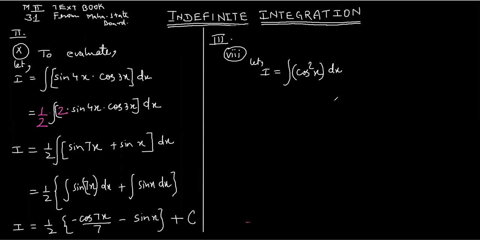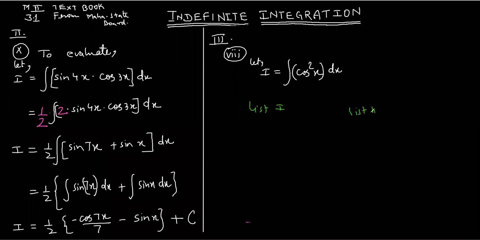Now see students, some wrong concepts which students have. So let me once again begin with what I have always been telling you. When I have to integrate cos squared x dx, I have list 1 and list 2.